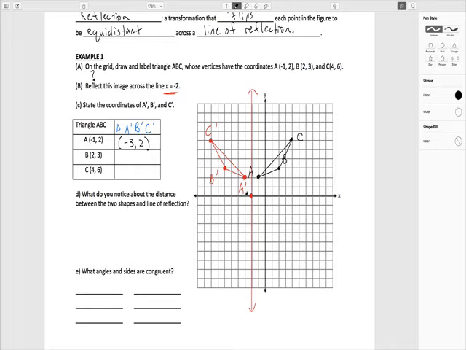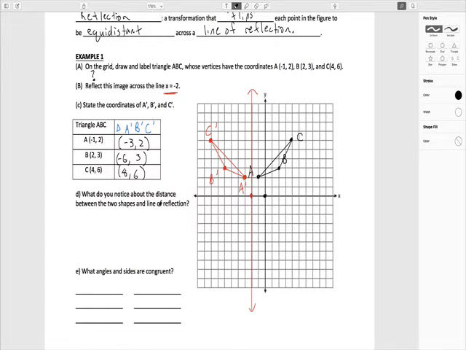Sorry, from the origin, it's 1, 2, 3, 4, 5, 6, up 3, so -6, 3. And C would be over 1, 2, 3, 4, 5, 6, 7, 8, up 1, 2, 3, 4, 5, 6.